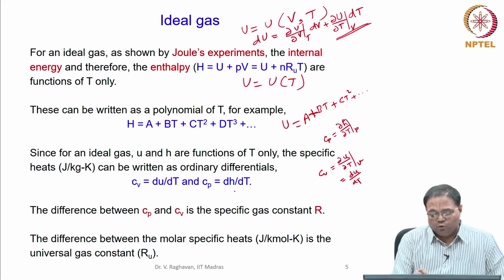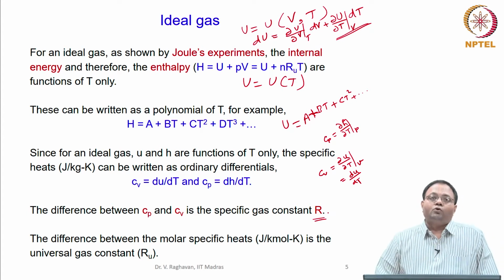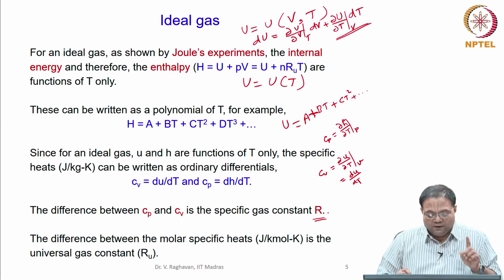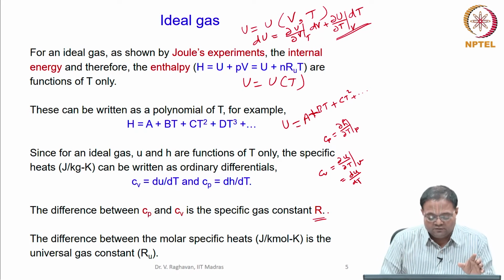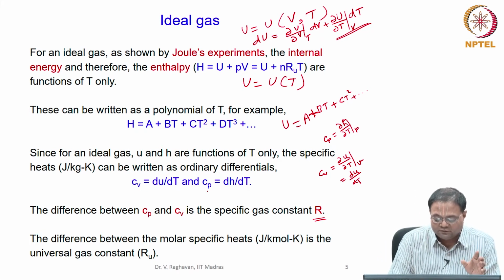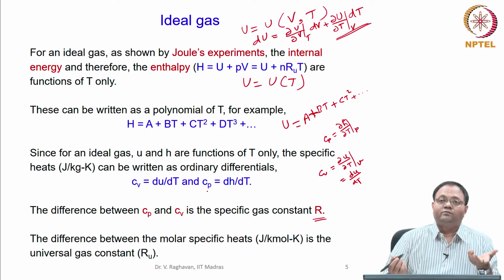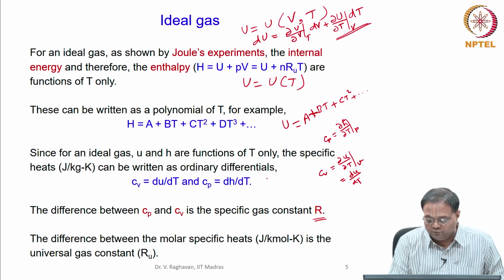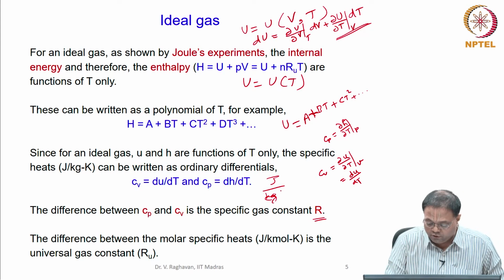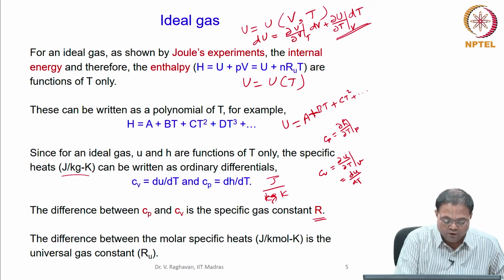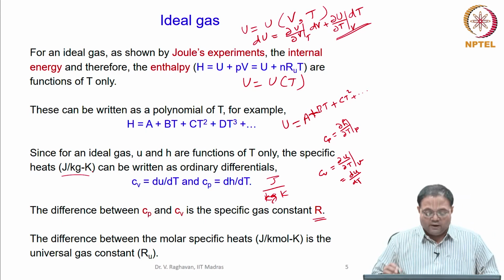Now, if we do this, Cp minus Cv will be equal to R. Please understand, when I say Cp and Cv like this, they are mass-based quantities. That means the units are joule per kg Kelvin. So, I have written here, its units are joules per kg Kelvin.